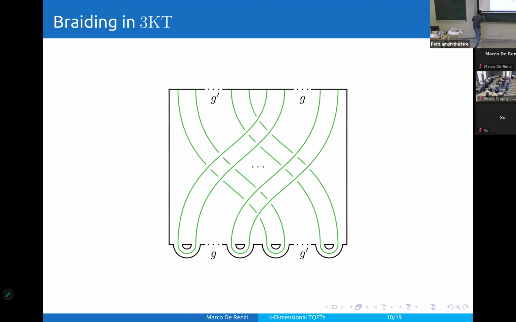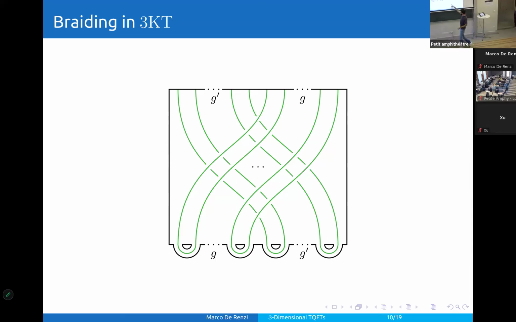So the first theorem, I hope it's visible here, is that the category I introduced yesterday, the category of Crane-Yetter cobordisms, is equivalent to 3KT, and the equivalence is what I explained before.